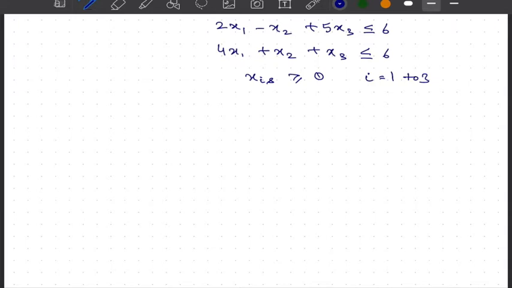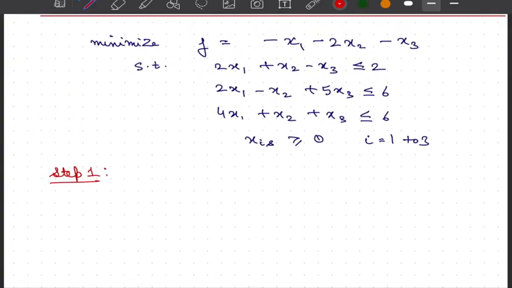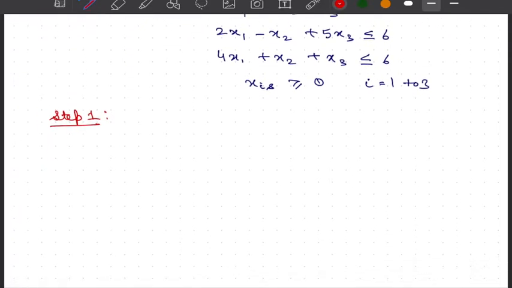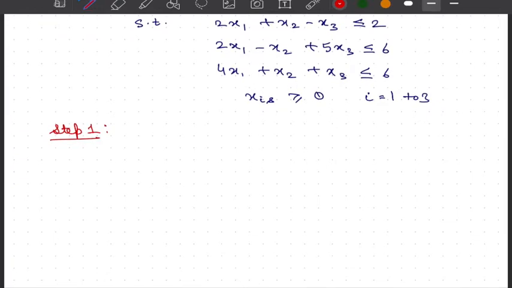Our first step would be to change all these inequality constraints to equality constraints, and since all these constraints are less than or equal to, we will introduce a slack variable.